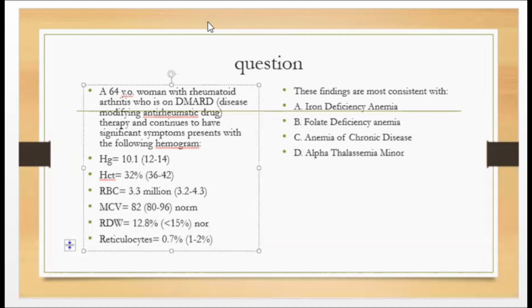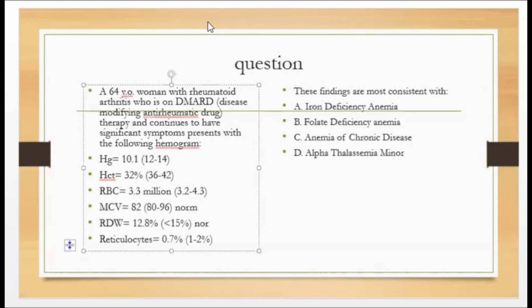Folate and vitamin B12 deficiency is your macrocytic normal, which is your large normal. Then you have another one that is anemia of chronic disease. For anemia of chronic disease and sickle cell, okay, we have normocytic, normochromic.